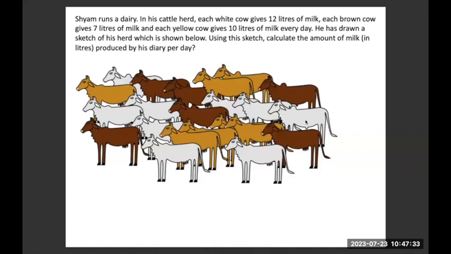This is a male, for example. This white colored guy is a male. He's not a female, so he won't be giving milk at all. So after you find the number of cows which will be giving milk, you will have to multiply by 12, 10 or 7 to find the total milk.